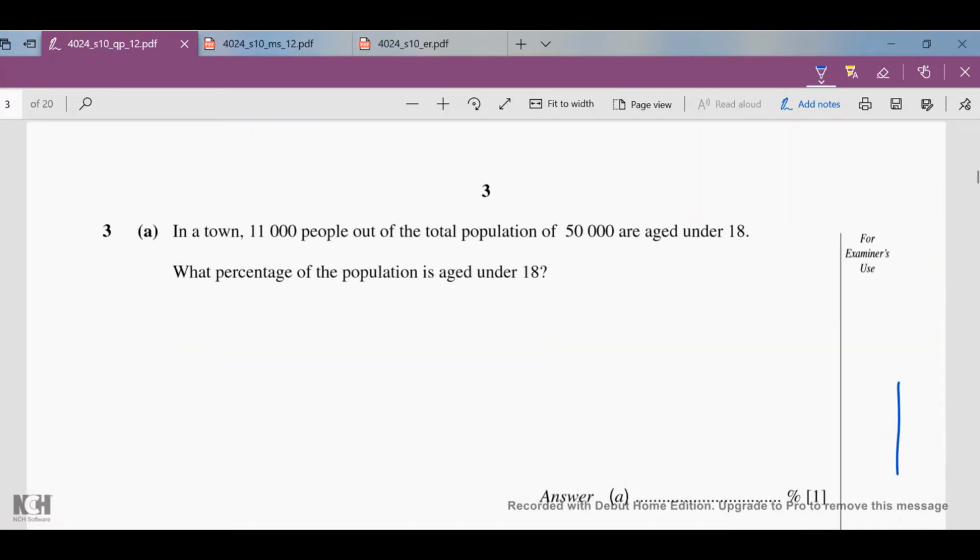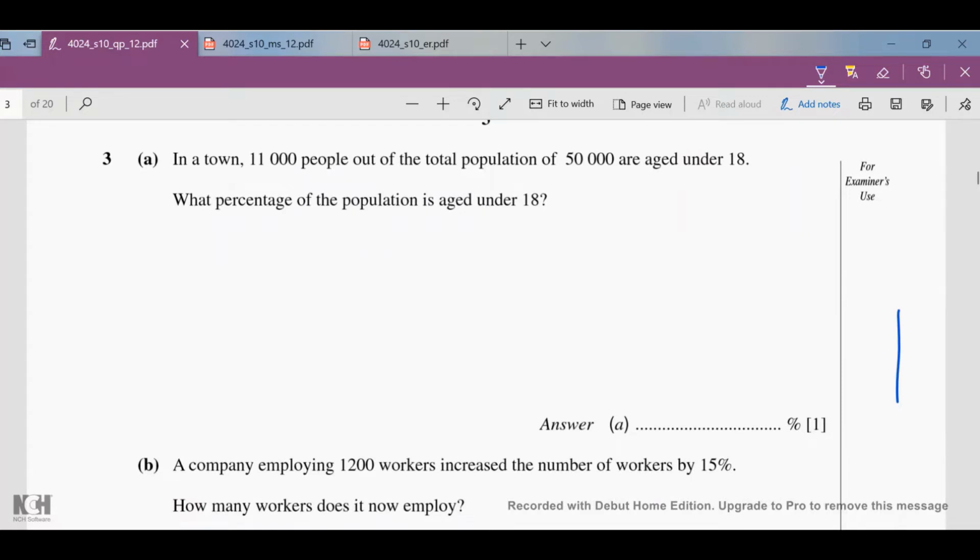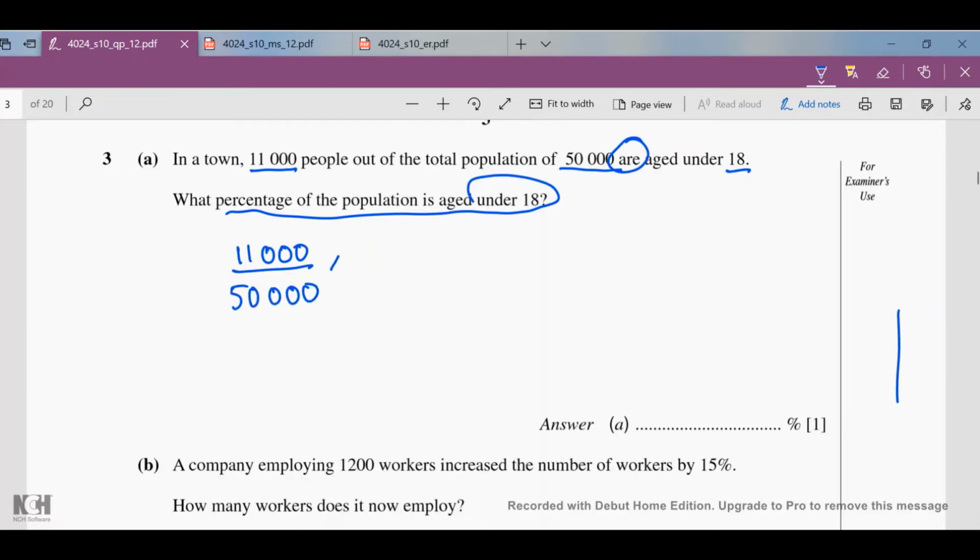Question number 3. 11,000 people out of a total of 50,000 are under 18. What percentage are under 18? It's very simple. 11,000 divided by the total 50,000, multiplied by 100.